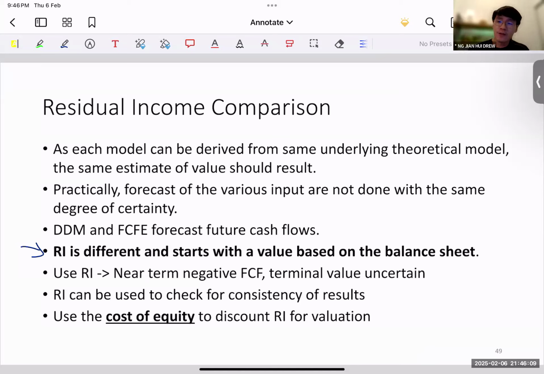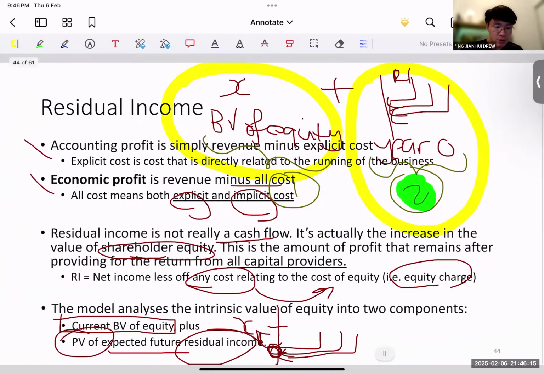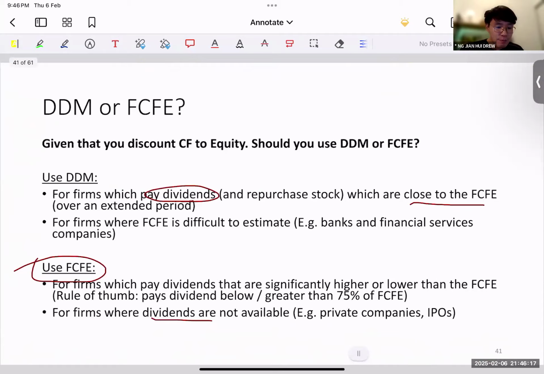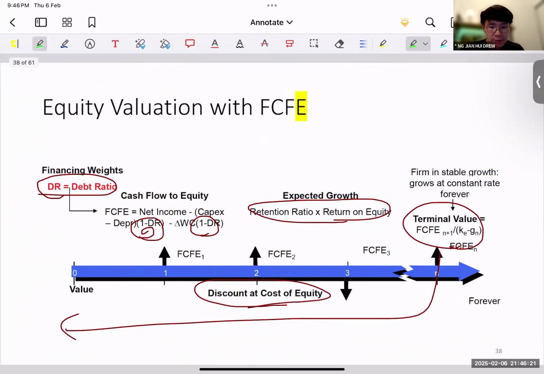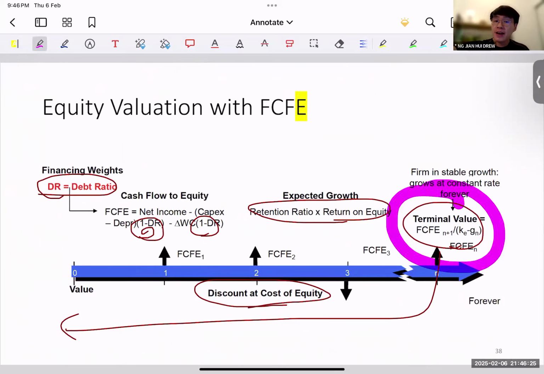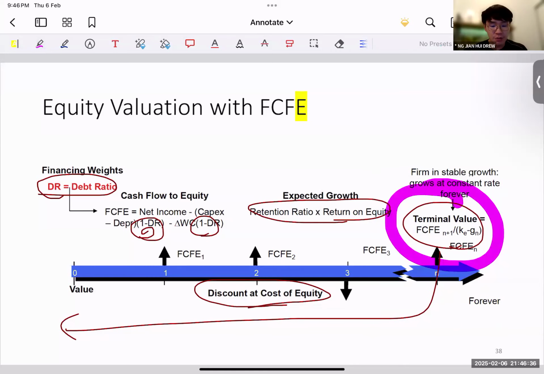So this is very different from your rest of the model, where if you notice, right, let me just flip back quickly for you to have a look. If you notice that the previous models we always talk about this thing called the terminal value, which we have to determine. And this terminal value is determined by largely, you will notice, the growth rate, how you're going to predict the growth, which is then usually the larger chunk of the value, right?